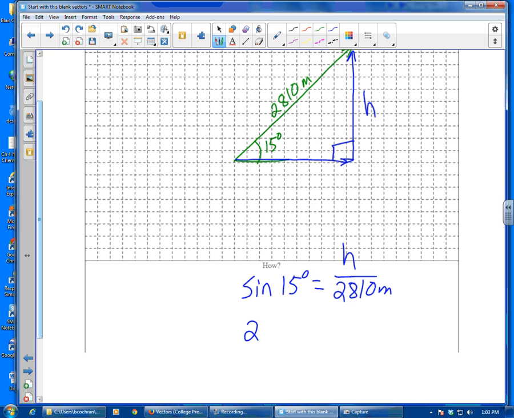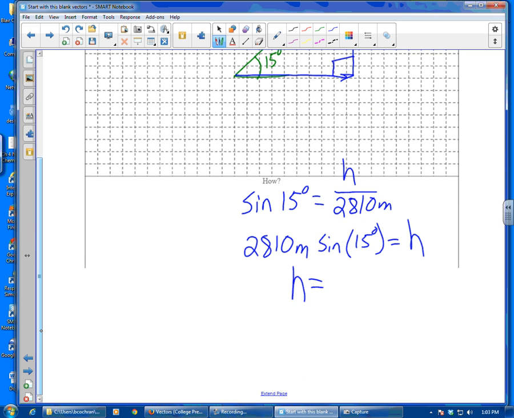So I rearrange: 2,810 meters times sine 15 degrees equals h. H equals 727 meters.